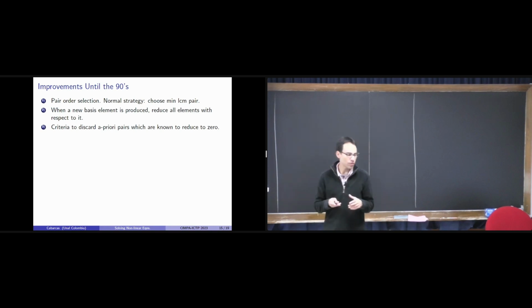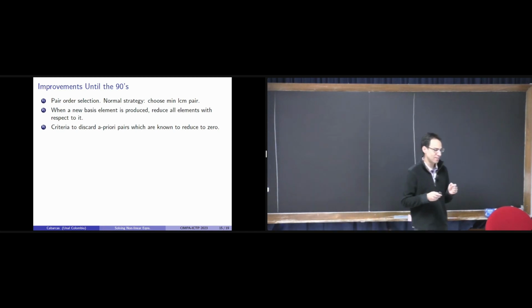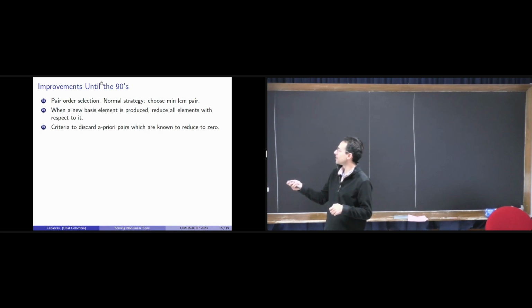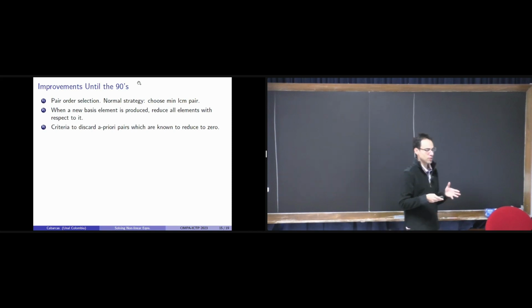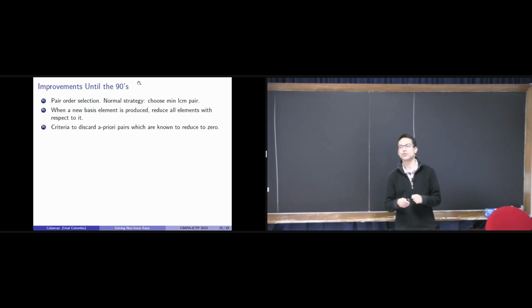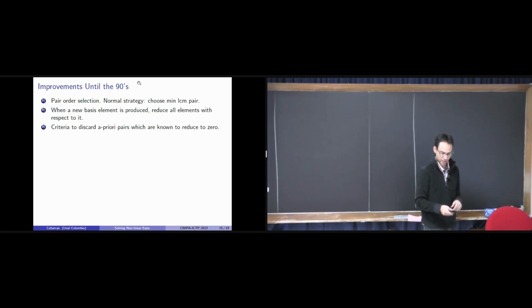Because what I want to do now is first explain why a Groebner basis is useful to solve a system of polynomial equations. And then I want to go beyond the 90s and start talking about the new methods to compute Groebner bases that are based on linear algebra, that use large matrices and a massive Gaussian elimination to compute a Groebner basis.